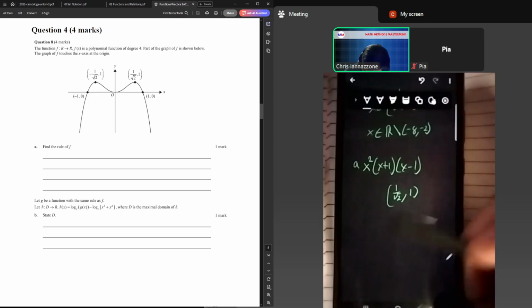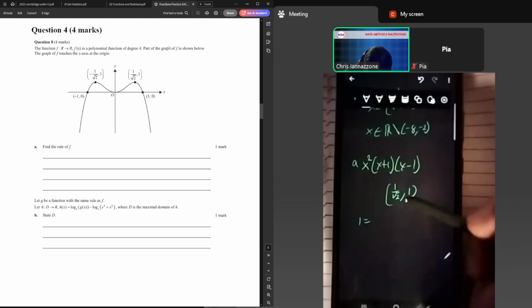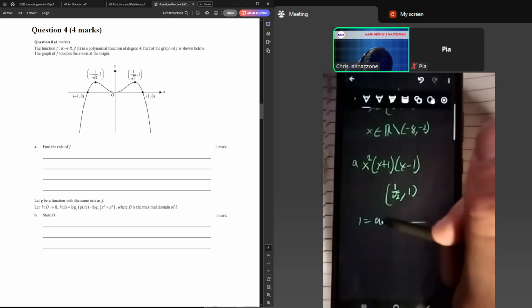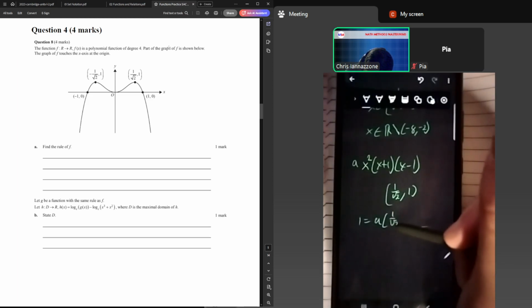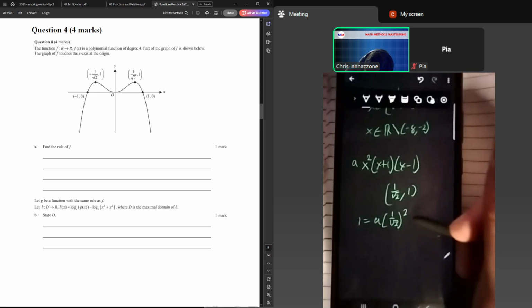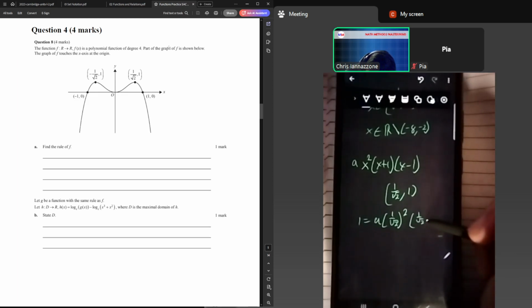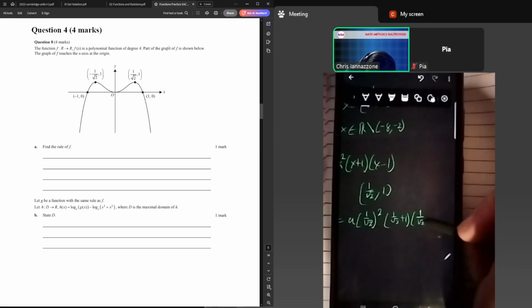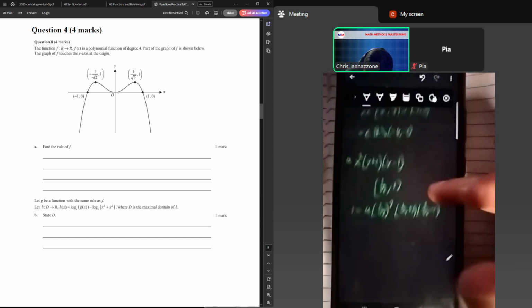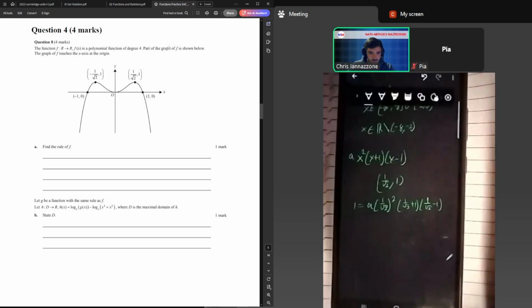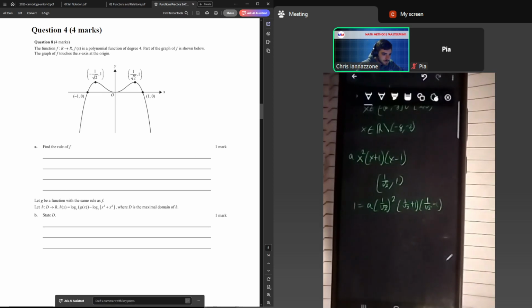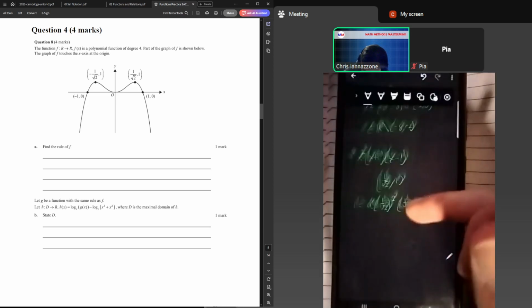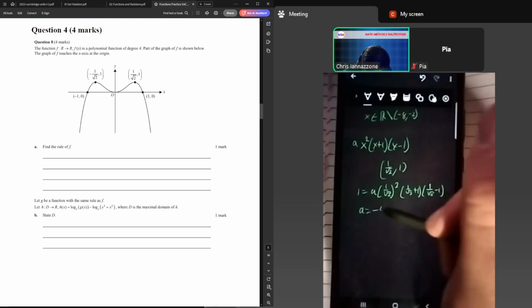So if you let y equals 1 and x equals 1 over root 2, you're going to end up with just subbing in exactly that: 1 over root 2 plus 1, and then 1 over root 2 minus 1. So you'd have to expand all of that out. That has worked solutions to it, so I won't really touch that too much. That does end up giving you a equals -4.